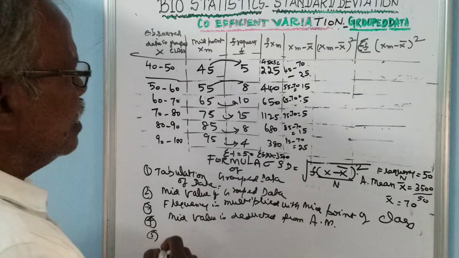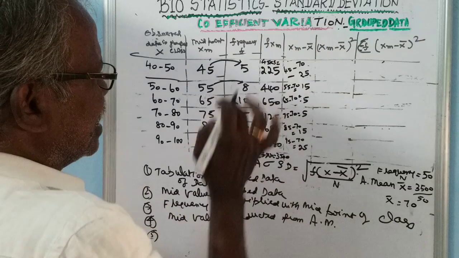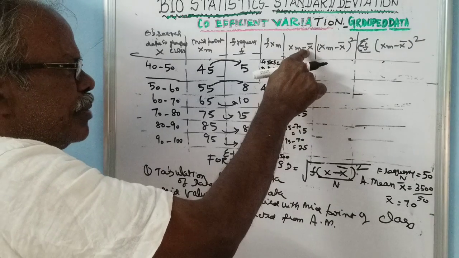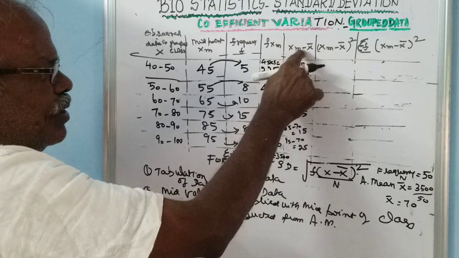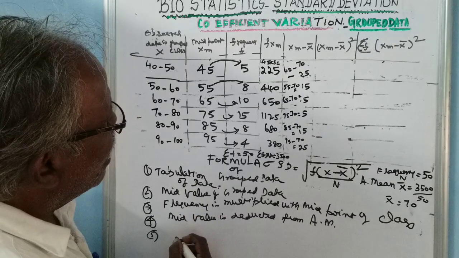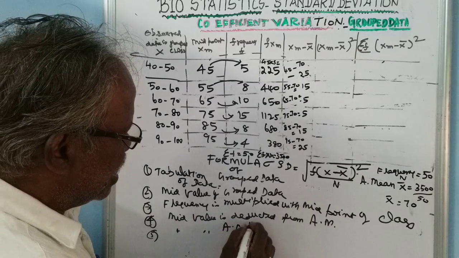Fifth point, we have to write x sum minus x dash, that is the mean deducted from the observed value or the midpoint value.